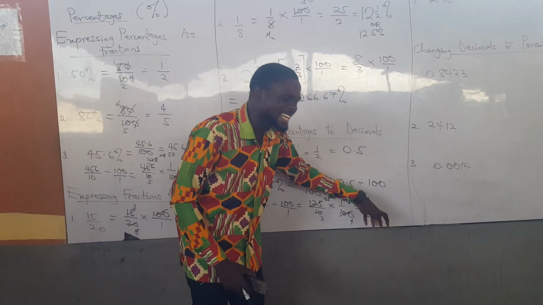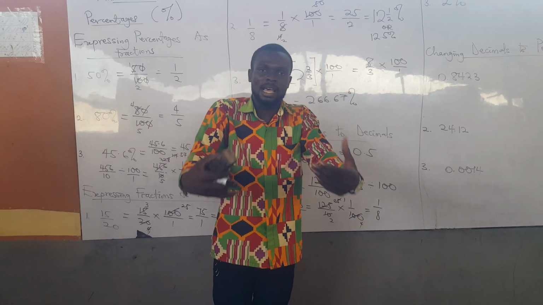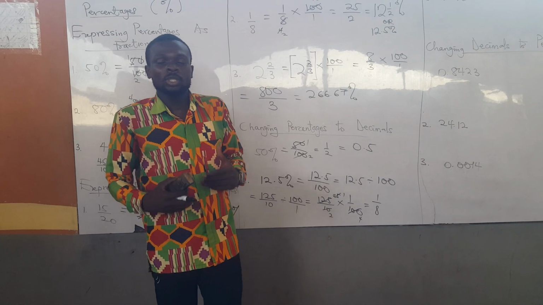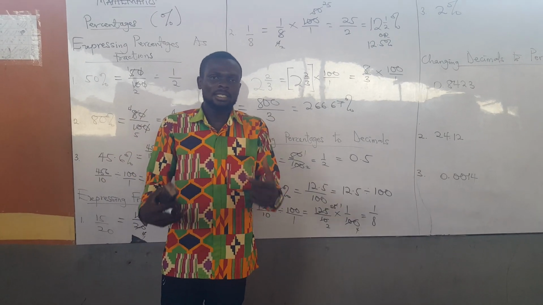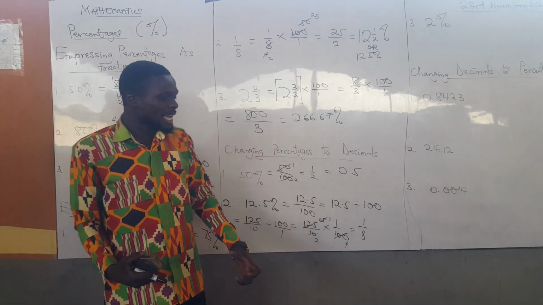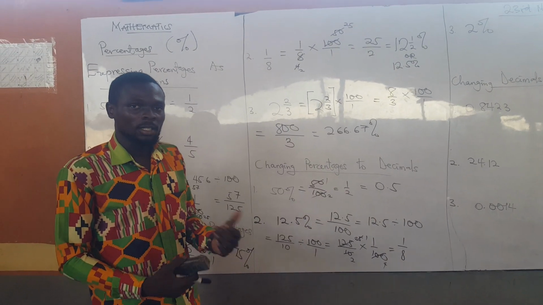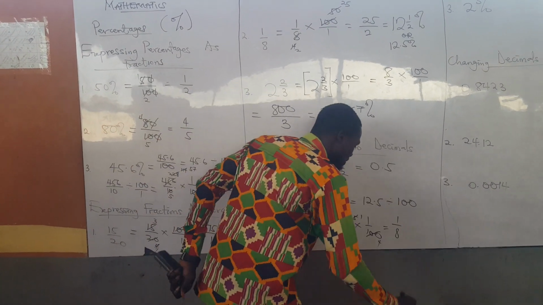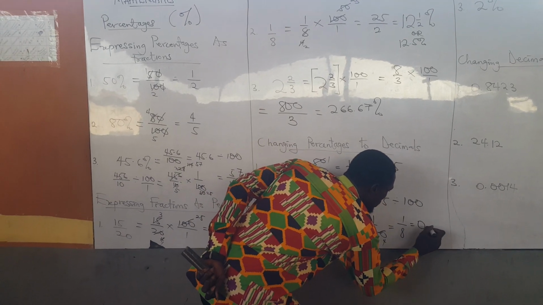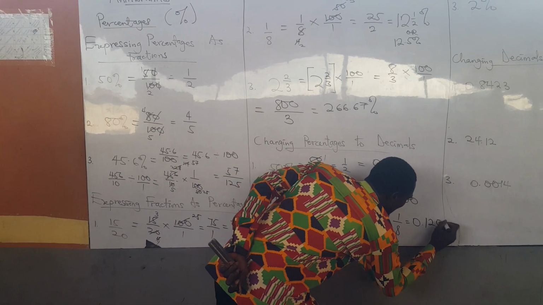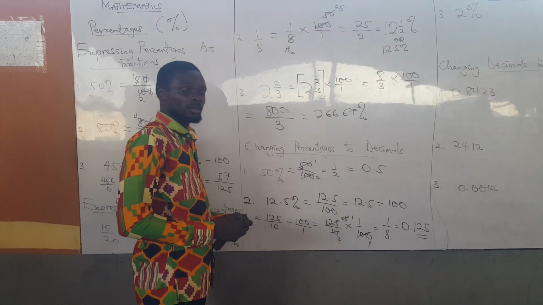Then you change this number into decimal. Changing 1 over 8 into decimal is going to give us 0.125 as our answer.